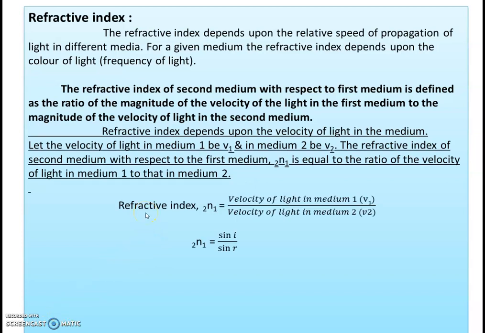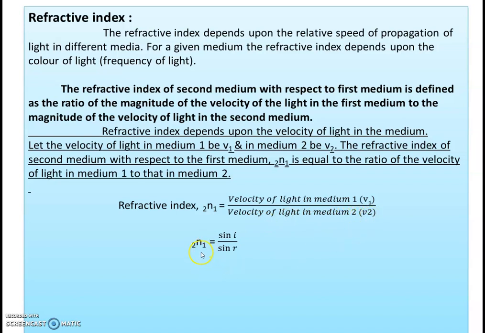Now we have to find the refractive index of the second medium with respect to the first medium. This is nothing but a simple ratio: the velocity of light in medium 1, that is v1, to the velocity of light in medium 2, that is v2.